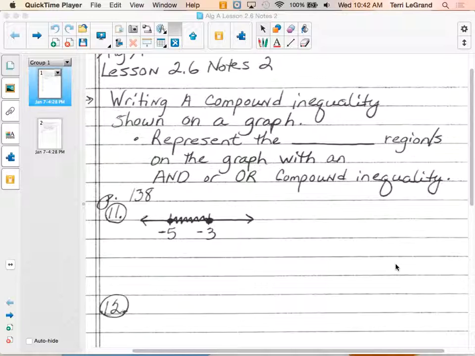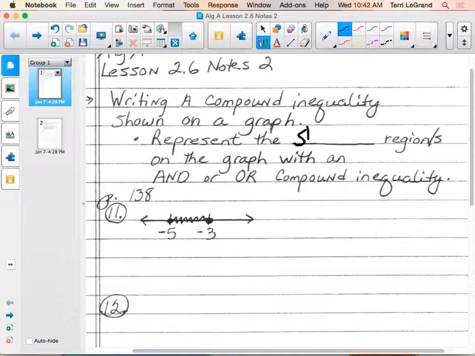What you're going to do is represent the shaded regions. In other words, we're going to look at that graph, say what's shaded, and then decide whether it should be an and or an or compound inequality.